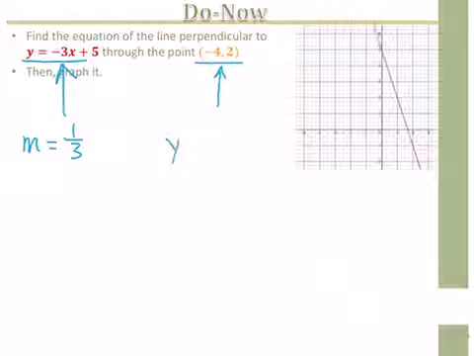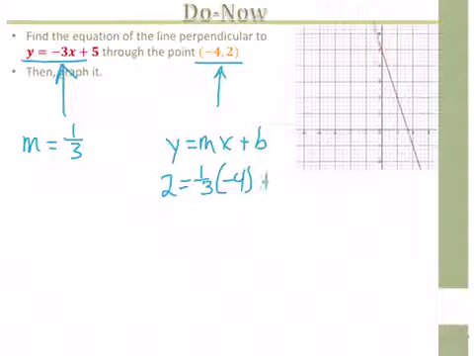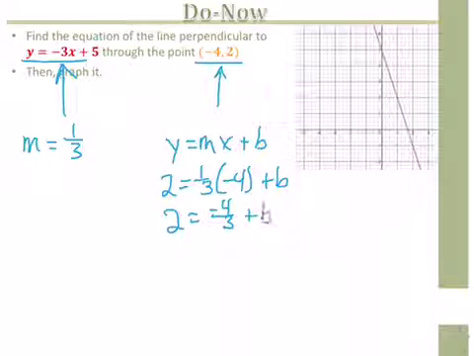If I put those two things together, I start off with my shell of a linear equation, y = mx + b, and start plugging in the stuff I know. That's going to generate a new equation for me and let me solve for b. So 2 = 1/3 times -4 plus b. Yes, this is gearing up to have fractions in it. Get tough, that's okay. -4/3 plus b. If I add 4/3 to each side, that's 2 + 4/3 = b.